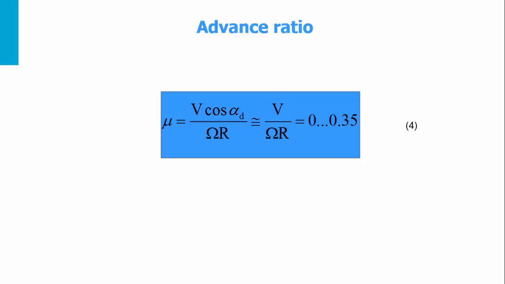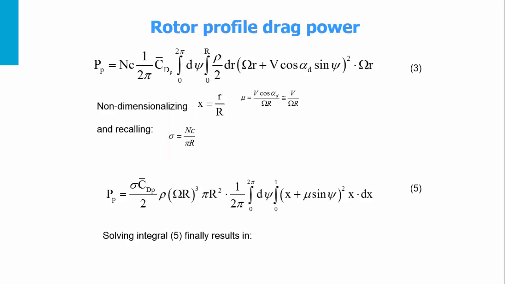For forward flight, of course, it is usually approximated with V over omega r. The advance ratio of any helicopter is between 0 and 0.35, and this shows that we can divide helicopters into more classes and assume the advance ratio in those classes.